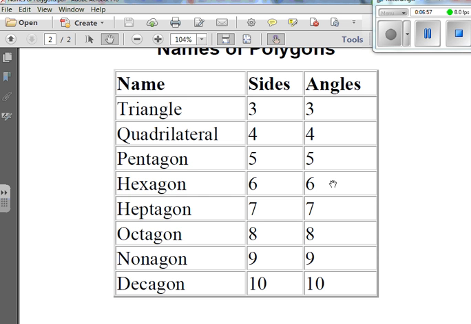If it has 6 angles and 6 sides, hexagon. If it has 7 angles and 7 sides, it's a heptagon. If it has 8, octagon. If it has 9, it's called a nonagon. If it has 10, it's called a decagon, because deca means 10. That's where we get decimal, D-E-C-I. It means 10.